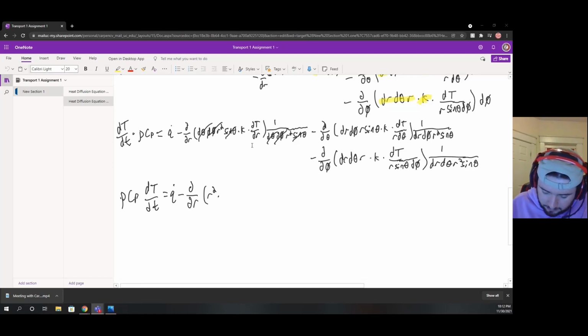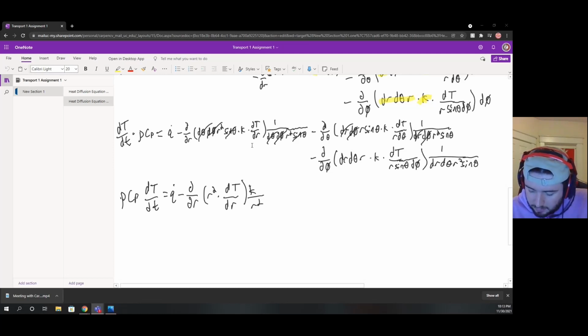So we'll have r squared times the change in temperature over the change in radius times k over r squared, I believe. Yeah.